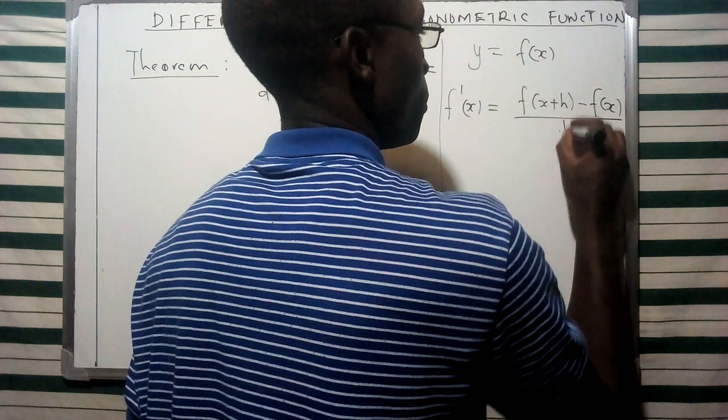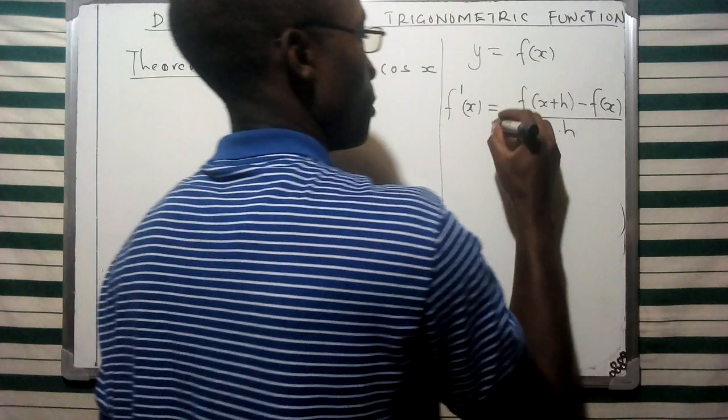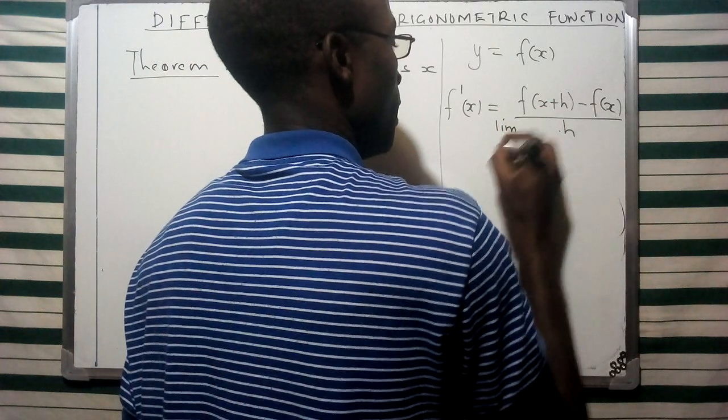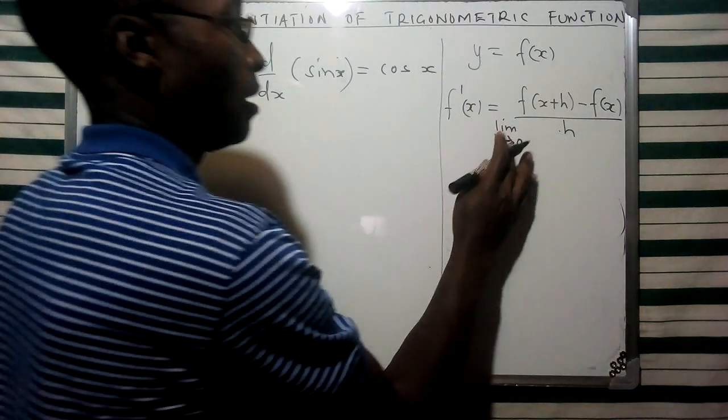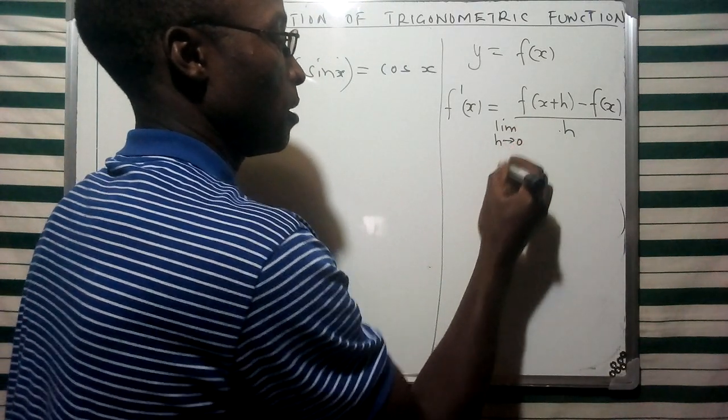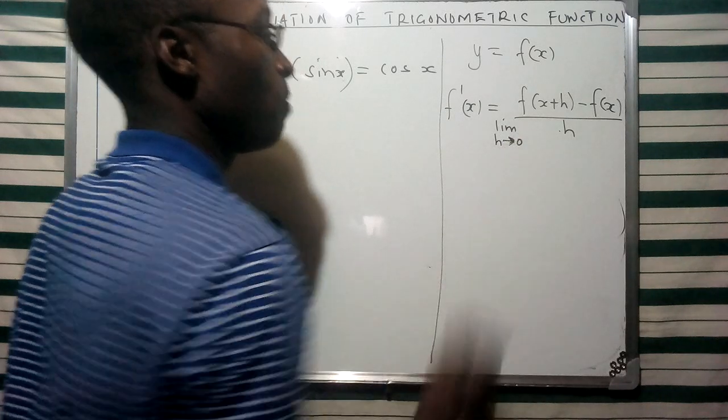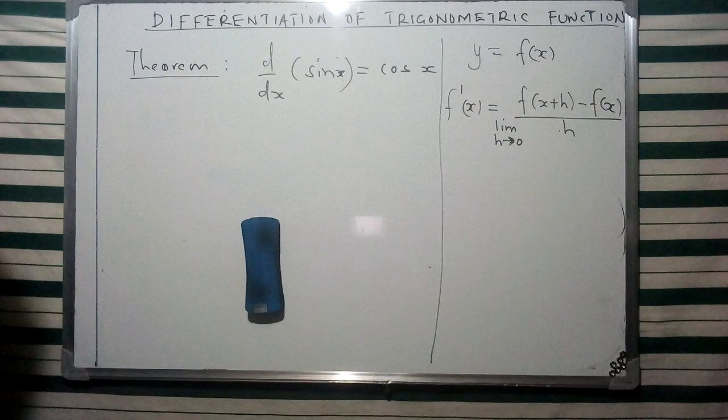And this, of course, is the limit as h tends to 0 in that specific order. So we're going to have this particular representation in an equation form, which basically depicts our derivative.